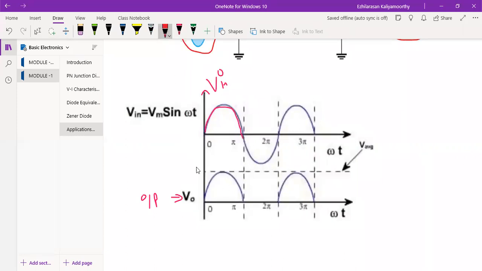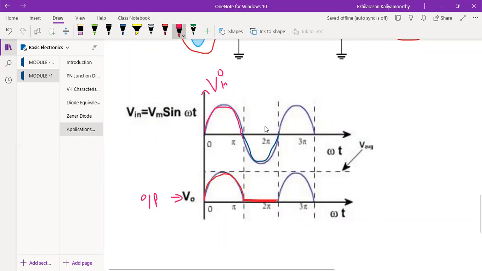So I will get the output. See that first half cycle. For the negative cycle, D2 doesn't conduct, right? If it doesn't conduct, this will be 0.